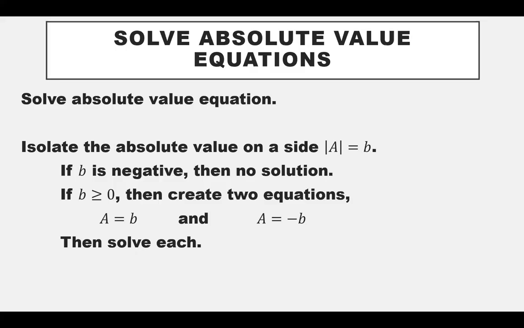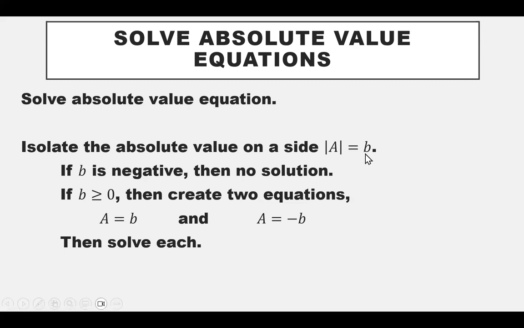We're going to start out this section solving some absolute value equations. Whenever we have an equation with an absolute value in it, what we can do is isolate the absolute value on one side of the equation and then have that equal to hopefully a real number.